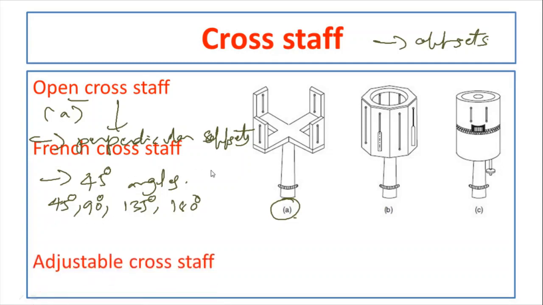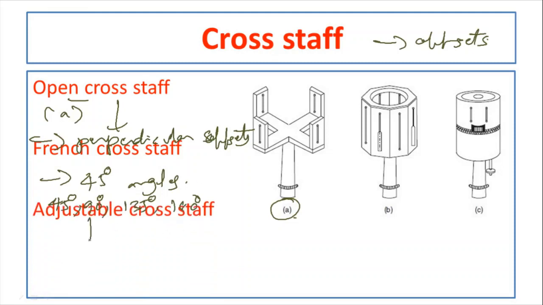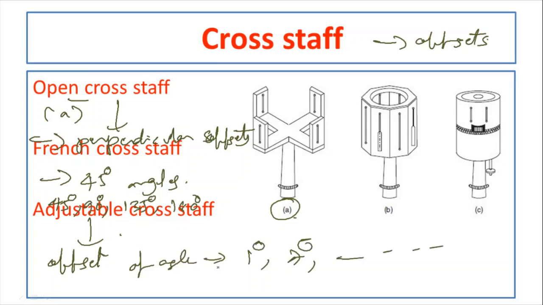Then next one is the adjustable cross staff. This adjustable cross staff is used to establish offsets of any angle, like 1 degree, 7 degrees, whatever you want. So offsets of all angles can be established using the adjustable cross staff. These are the three types of cross staffs available.